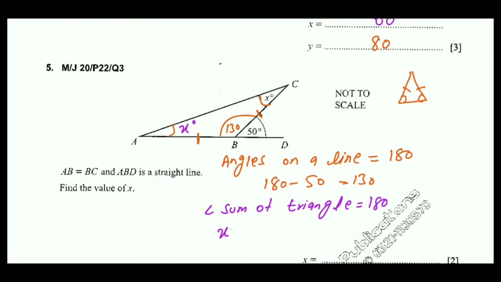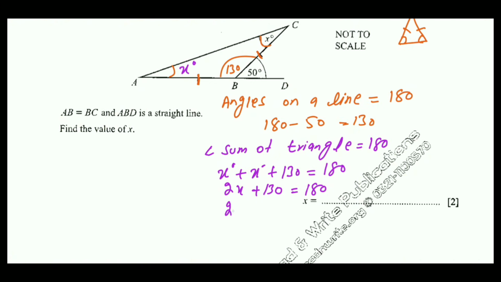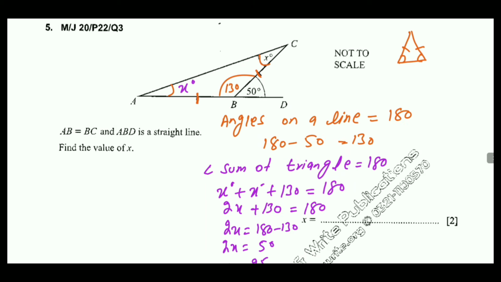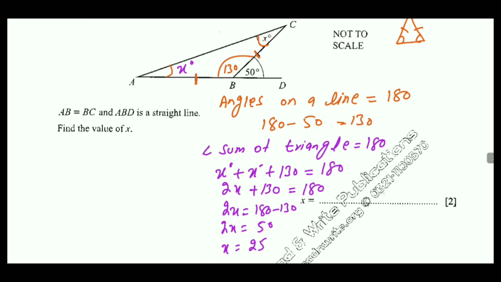So x plus x plus 130 is equal to 180. 2x plus 130 is equal to 180. 2x is equal to 180 minus 130, which is 50, and 50 divided by 2 is 25. So this is the way we will solve this question. So x is actually 25.